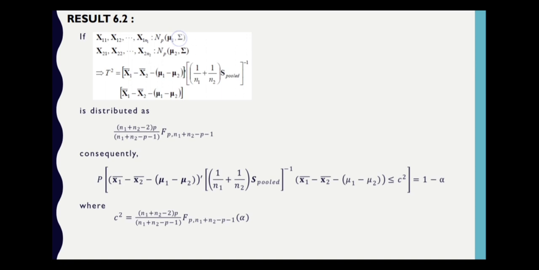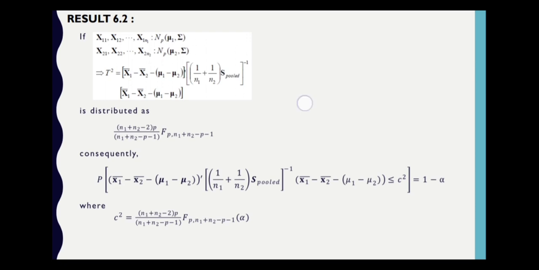If x11 until x1n1 are normal with mean vector mu1 and, it should be big sigma 1 here, but because of the assumption that big sigma is the common covariance, it will just be big sigma there.